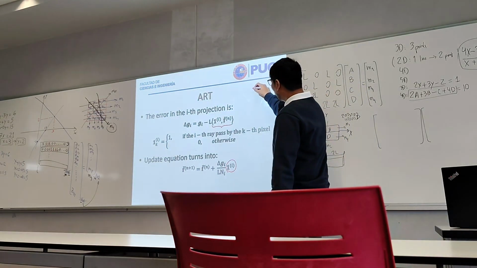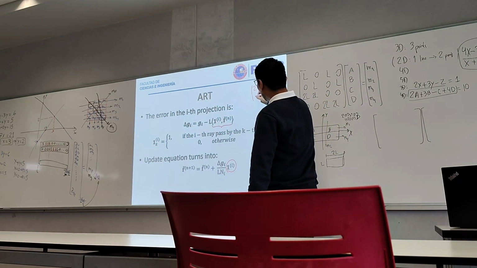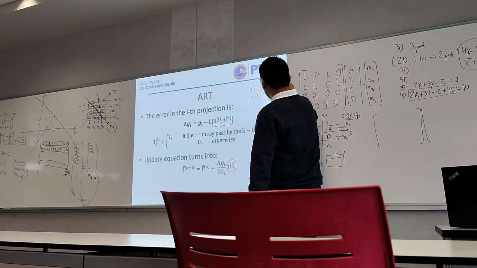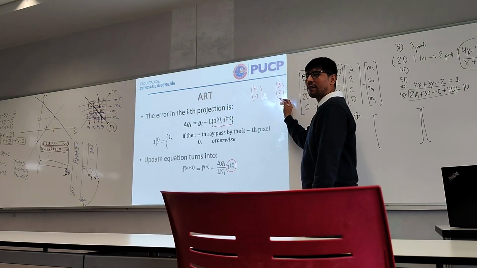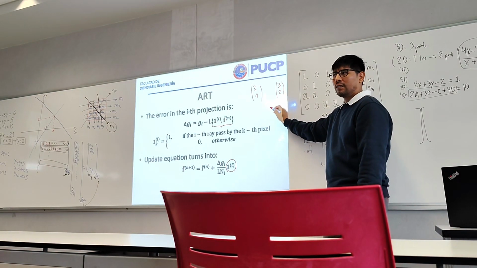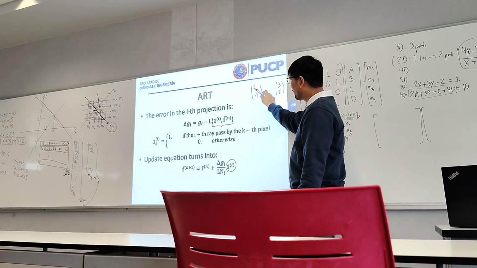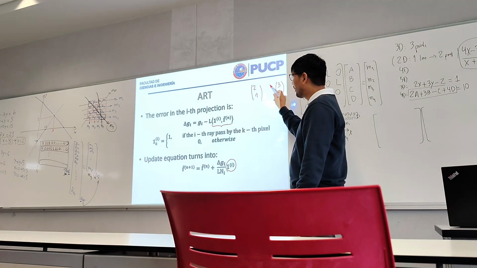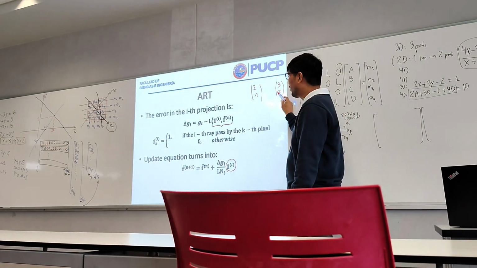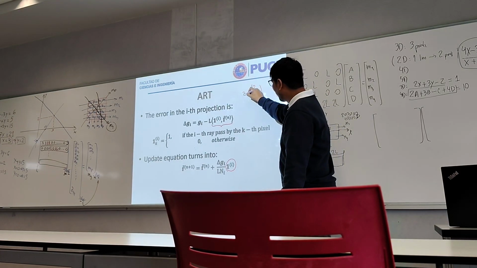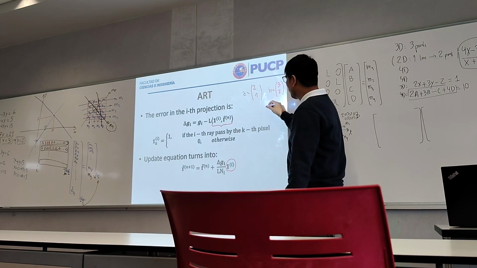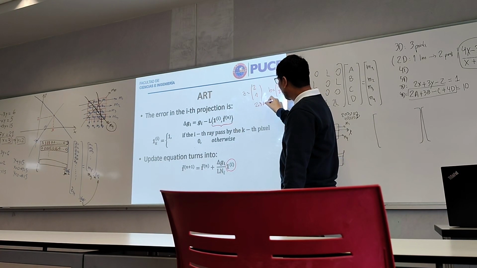For example, take the vector 2, 1 and the vector 3, 2. What is the inner product of these two? It is the first element multiplied by the first element plus the second element multiplied by the second element. Like this is vector A and this is vector B, it's 2 times 3 plus 1 times 2.